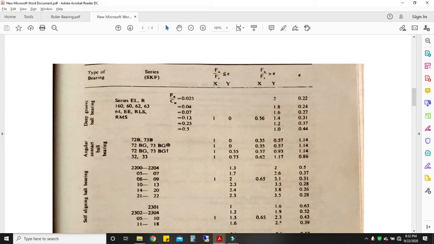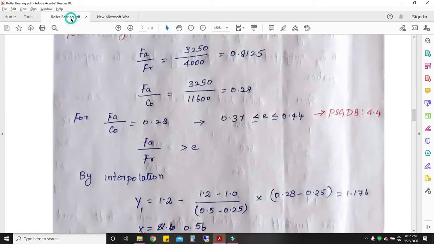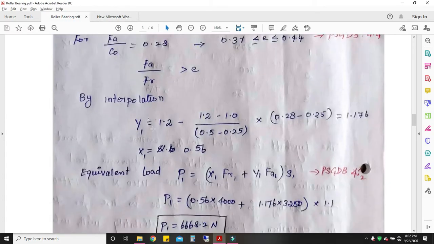Now we have to find the Y value using simple interpolation.